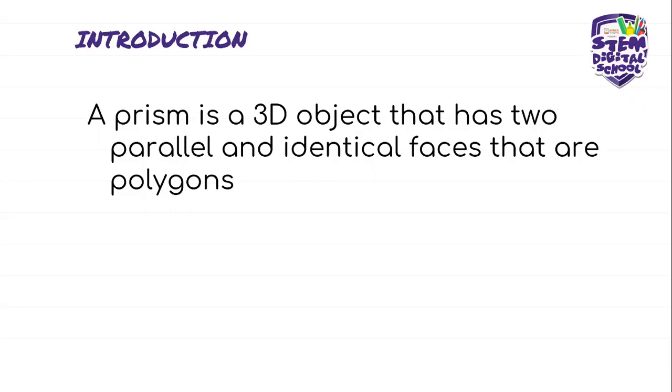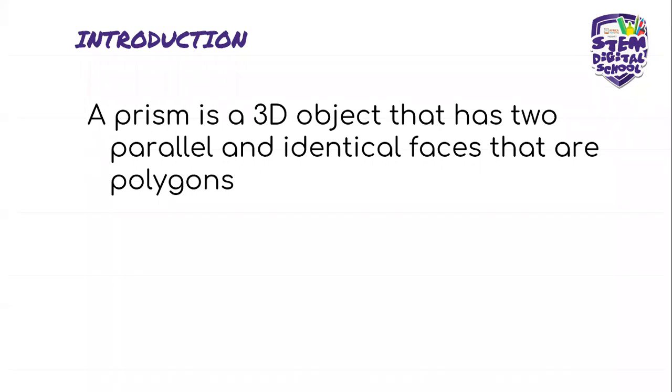So basically, we are talking about polygons, which consist of two identical parallel faces, which are connected by the lines, most of which become rectangles, as you have seen with some of the examples that we have spoken about.